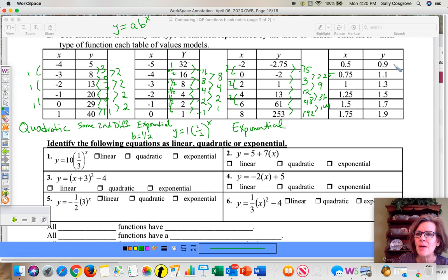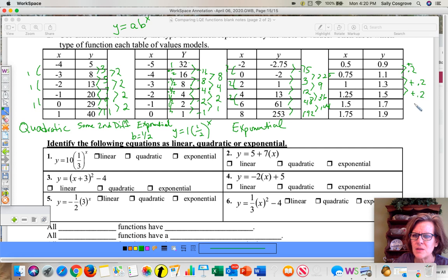Okay, how about over here? So my x values are adding 0.25. My y values, 9/10 to 1 and 1/10. That's plus 2/10. And then this is what? That's not times 2, that's kind of what it looks like. This is plus 2/10 from 1 and 3/10 to 1 and 5/10.